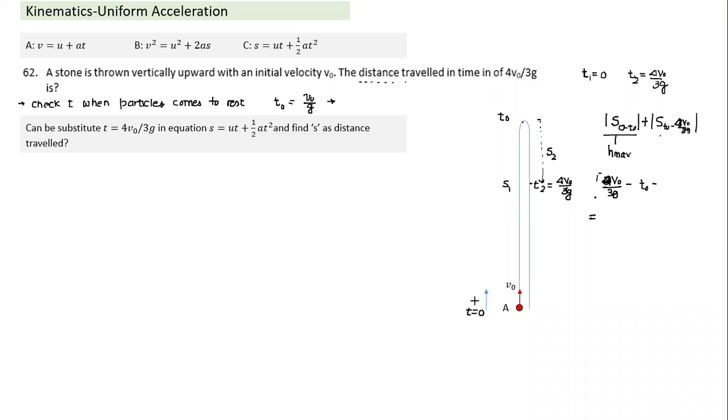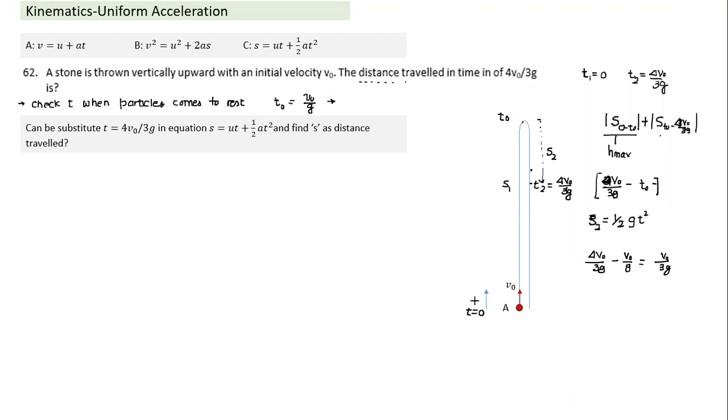Once I get the time interval, I can calculate the distance it falls, equal to 1 by 2 g t squared. The t will be 4v0 by 3g minus v0 by g, which is equal to v0 by 3g. I can substitute here and add S1 and S2.